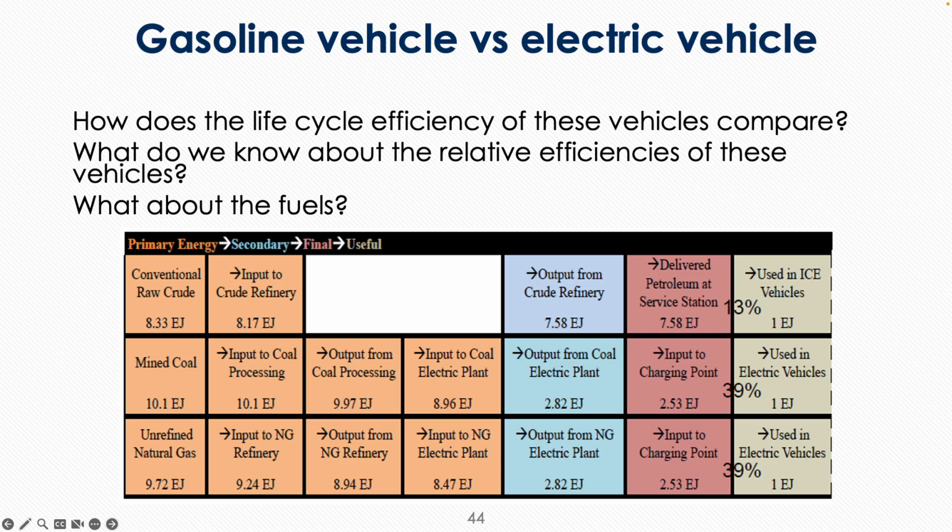But if you were to count the whole energy conversion system, then you can do, I would say, a more fair comparison of the efficiencies. In which case, EVs are still a lot more efficient, right? We're saying 39% compared to 13%, but it's not a 90+% compared to a 15% number.